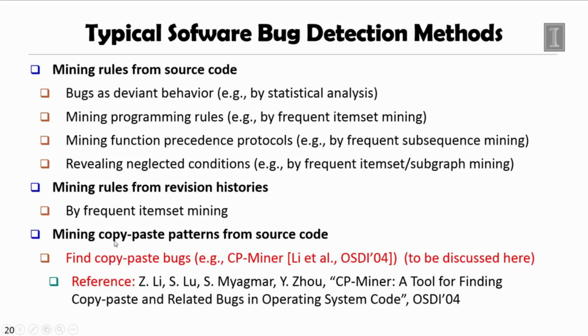So we try to mine copy-paste patterns from the source code. Then we try to find the copy-paste bugs. Okay. This one actually was an interesting piece of work published in 2004 called CP-Miner by Yuanyuan Zhou's group. And we are going to just show this. It's an interesting idea of how to extend pattern mining to find copy and paste bugs.